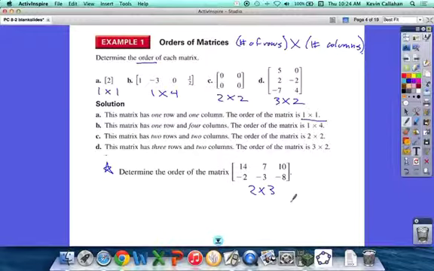So just that little piece right there comes from the very first page of section 8.1. Most everything else we're doing today is coming from section 8.2.